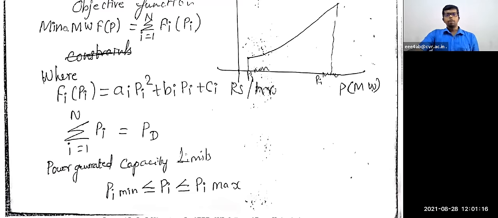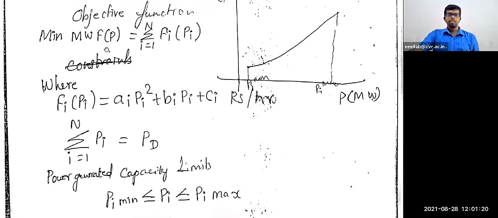Okay, up to this, you have to write the definition of the objective function, then the two constraints: the power balance constraint, with its definition and equation, then the minimum and maximum operating limits, and write those limits.